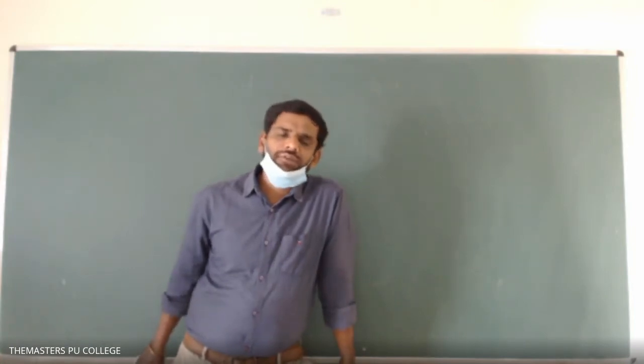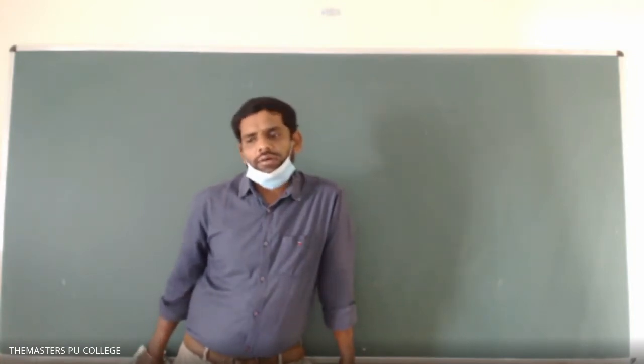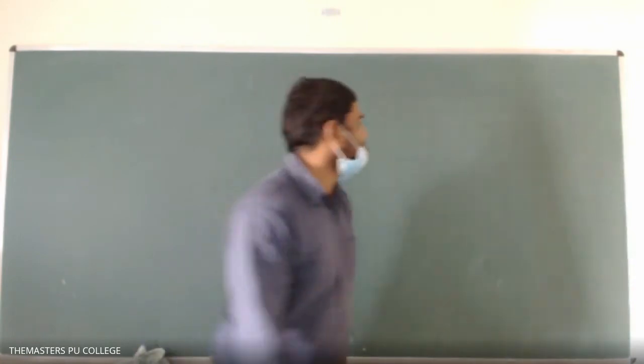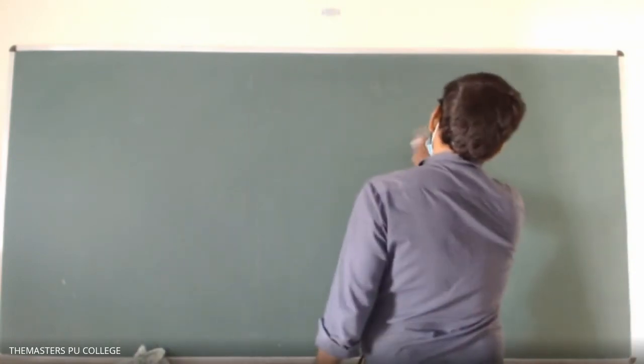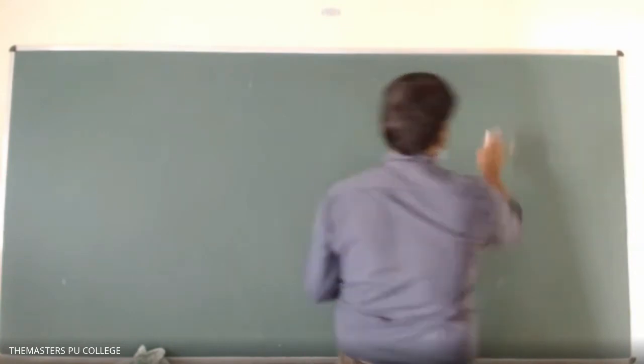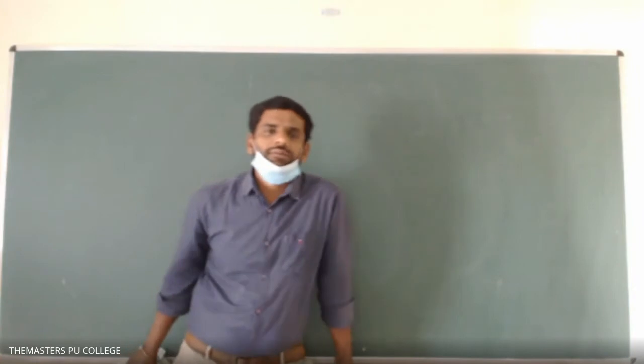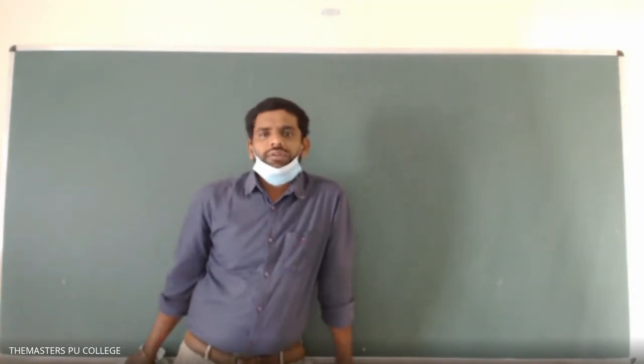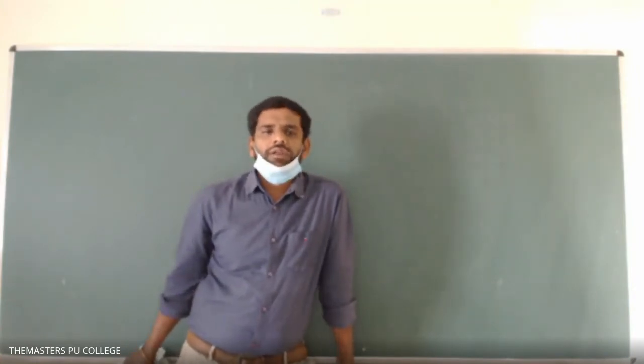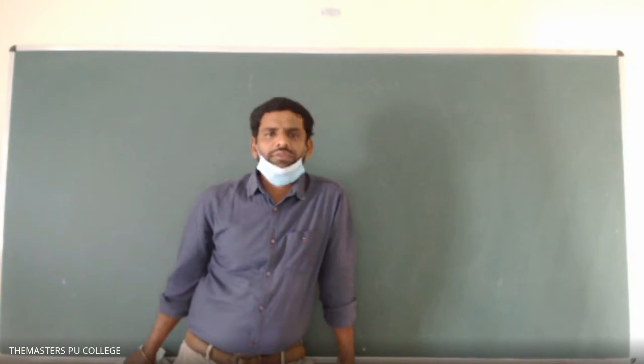Among them, the Kelvin scale has one importance. What is the lowest attainable value of temperature and what is the highest attainable value of temperature? There is no limit for the highest attainable value of temperature.